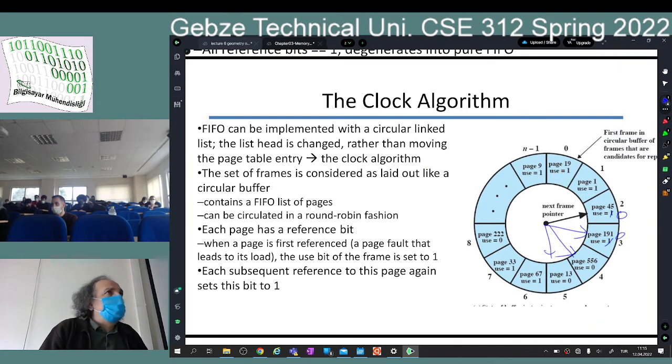But the oldest one with R=1 doesn't mean that the page is not being used. Maybe some other page has to be replaced, but I am replacing the oldest one if all the R bits are 1. That's why we don't like this property of the clock algorithms.